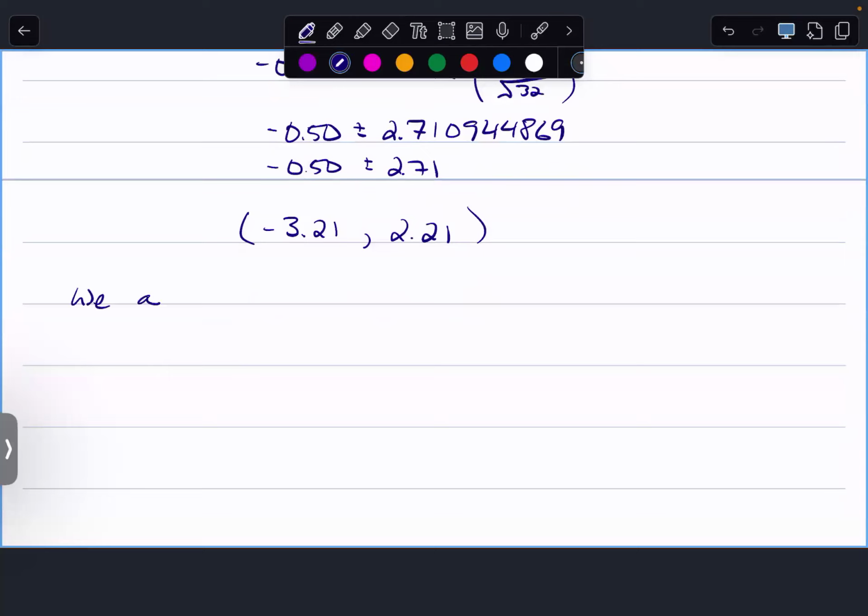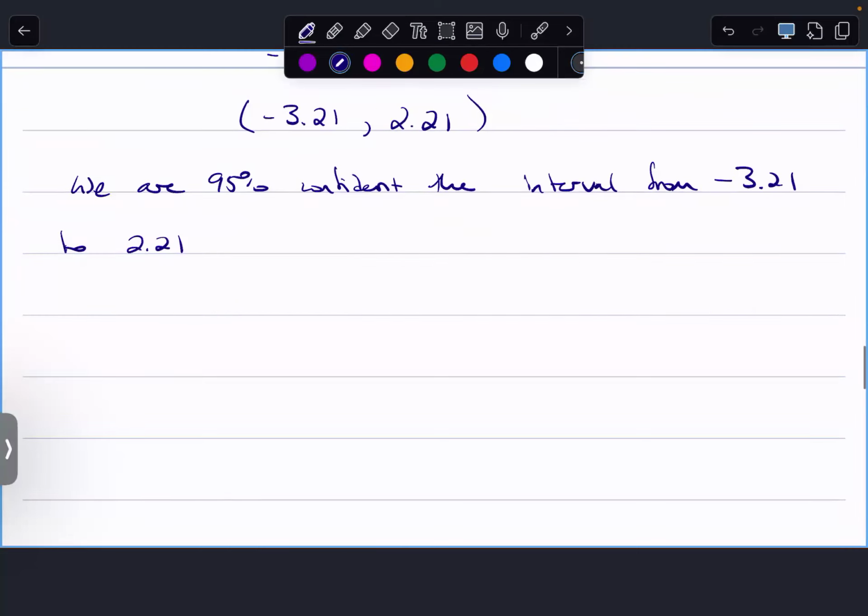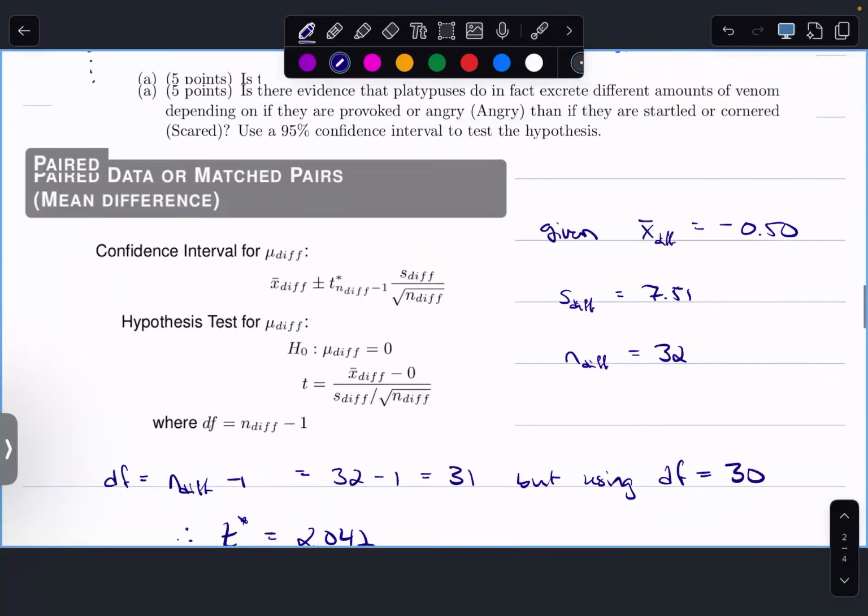So we are 95% confident the interval from -3.21 to 2.21 captures the true mean difference in venom excreted when angry versus scared.